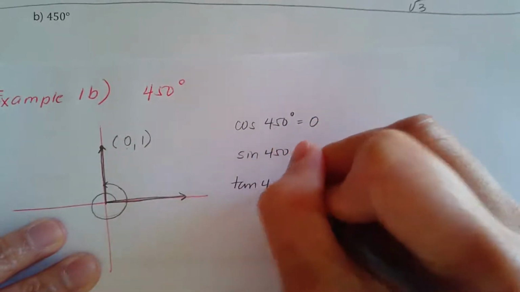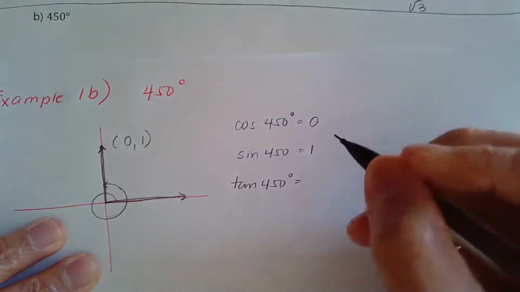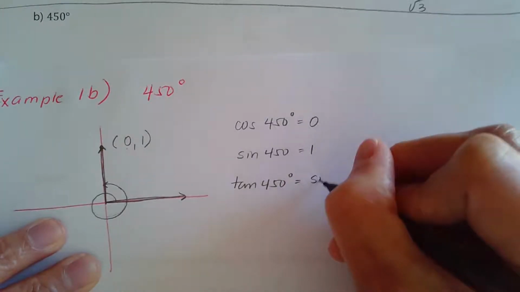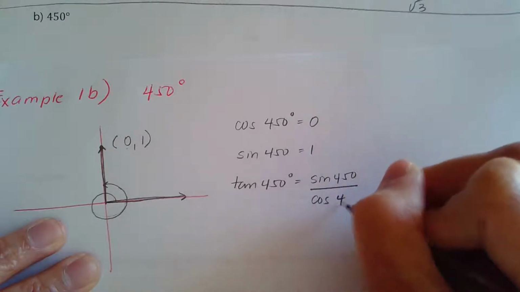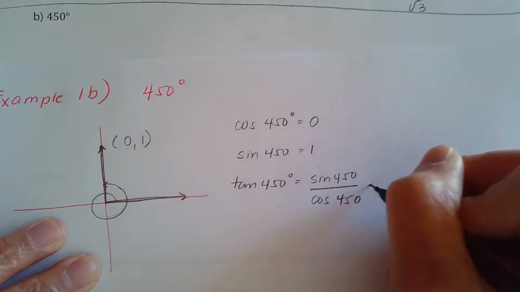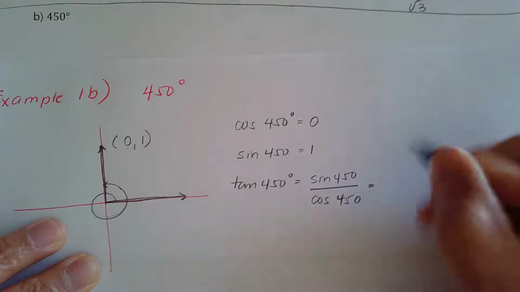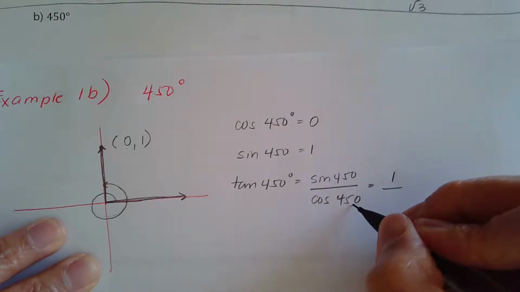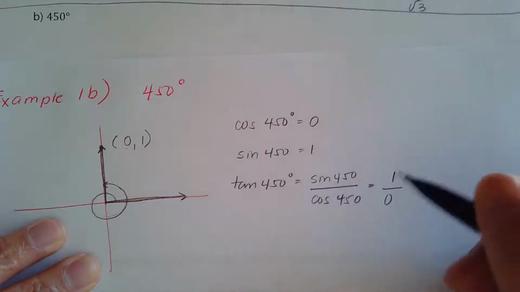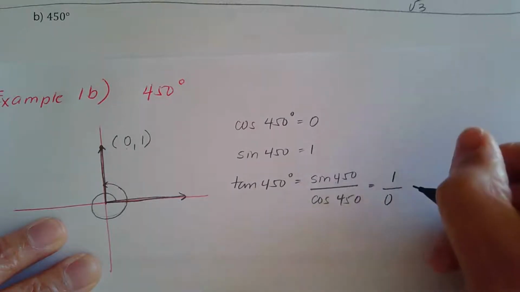Tangent of 450 degrees is the same thing as sine 450 over cos of 450. Sine of 450 is 1 divided by cos of 450 is 0, and 1 divided by 0 is undefined.